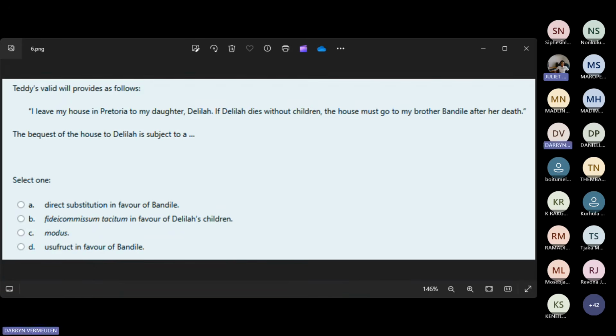So it's a direct substitution in favor of Bandile, because he'll be the one inheriting the house after her death. Thank you. All right, perfect. Mr. Peng?